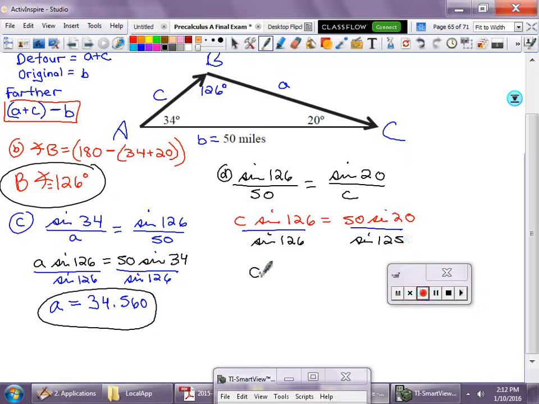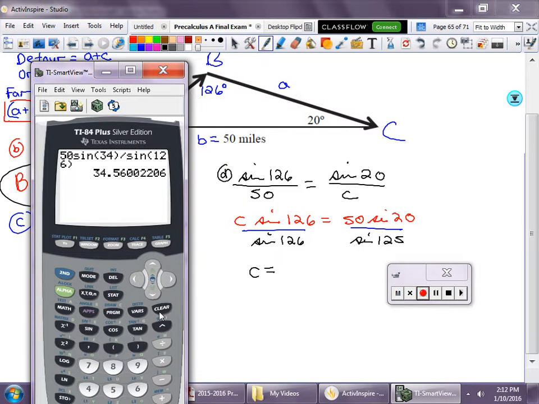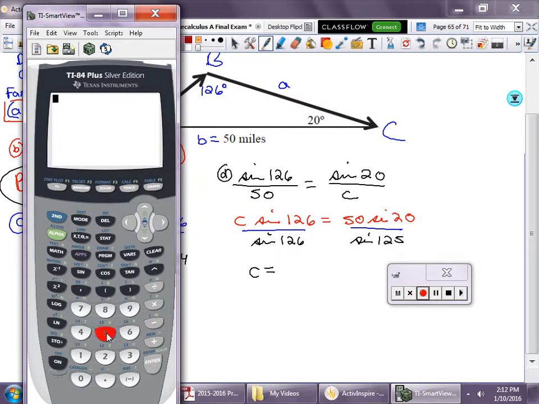And c is equal to 50 sine 20, close the parentheses, divided by sine of 126.